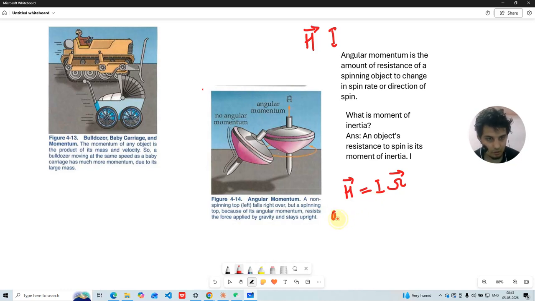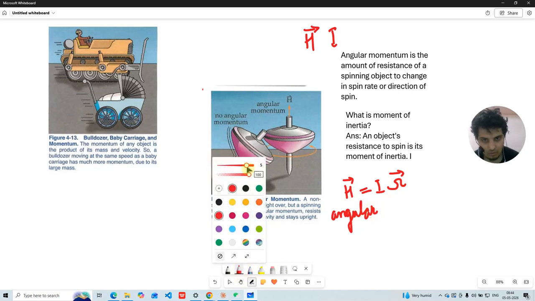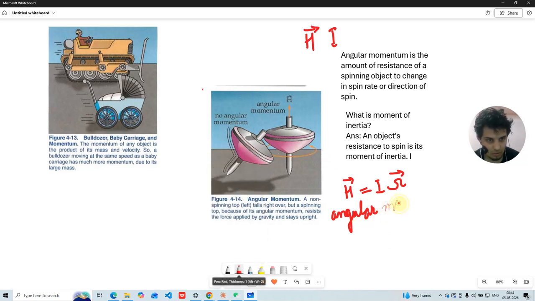This implies that angular momentum is equal to moment of inertia into angular velocity.